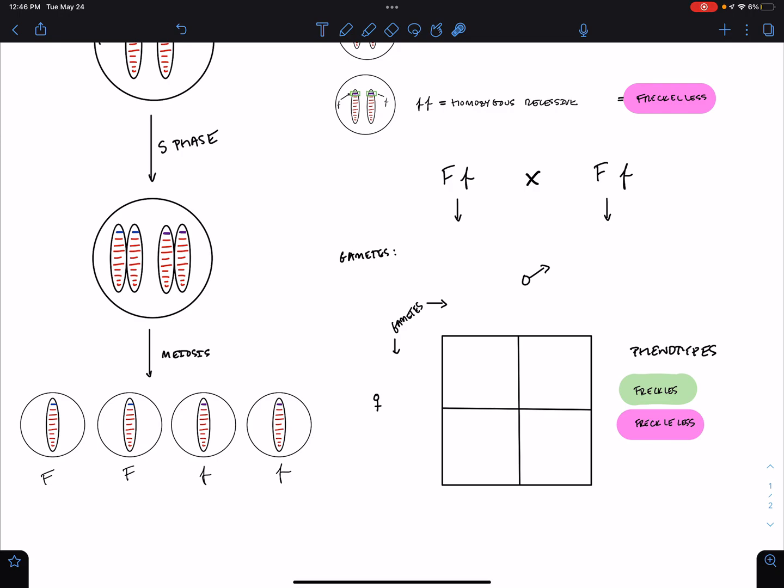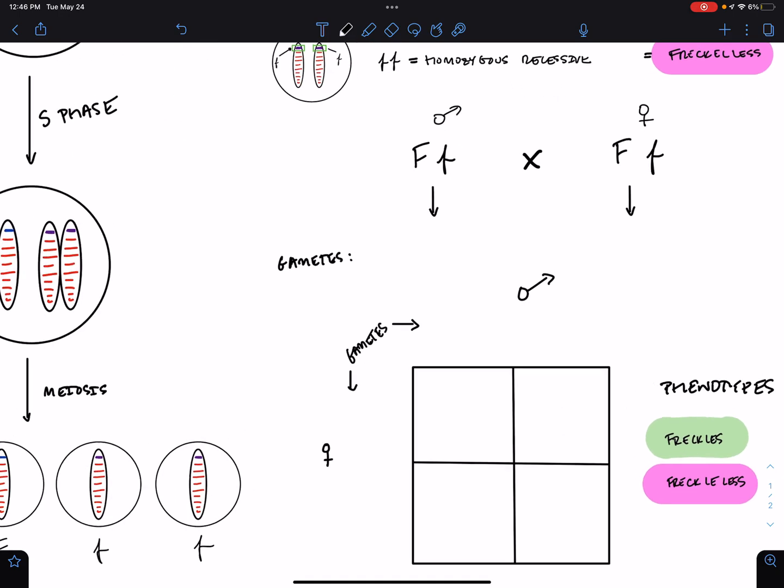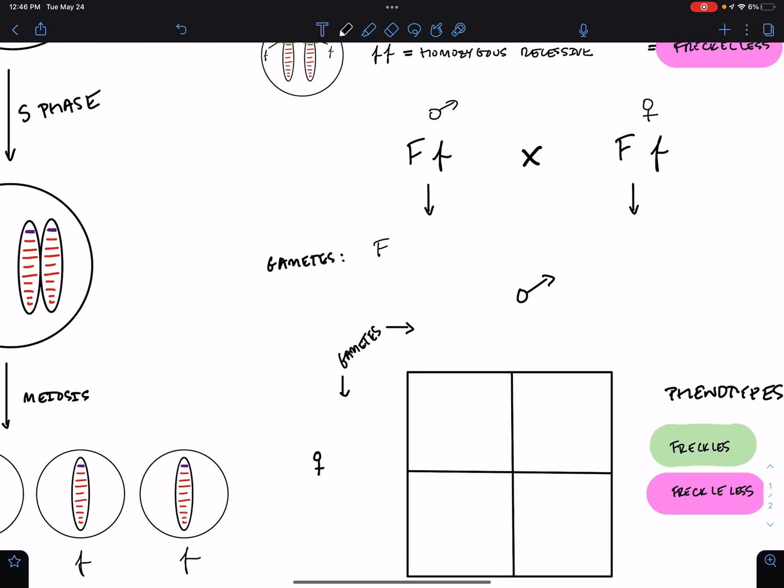If you are the male in the cross or the female in the cross, you can both produce gametes that have the big F allele or gametes that have the little f allele. And likewise here, you can produce gametes that have the big F allele or the little f allele.